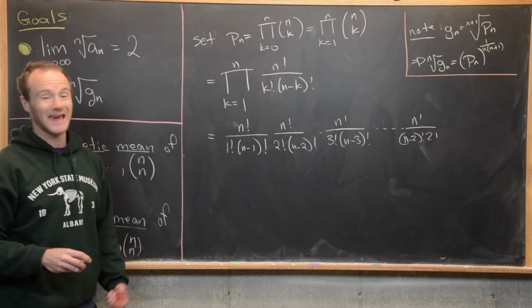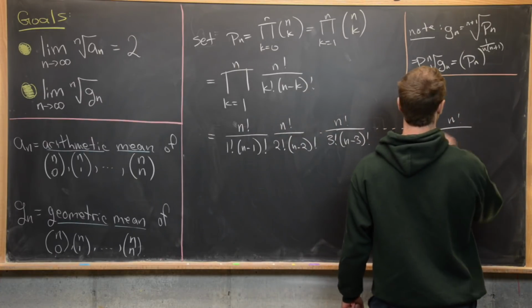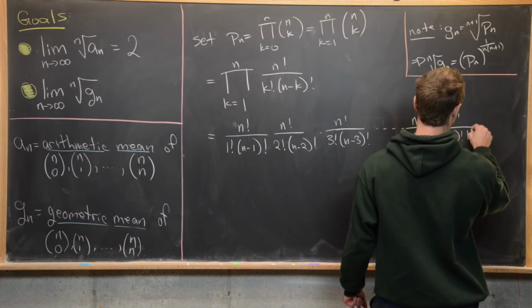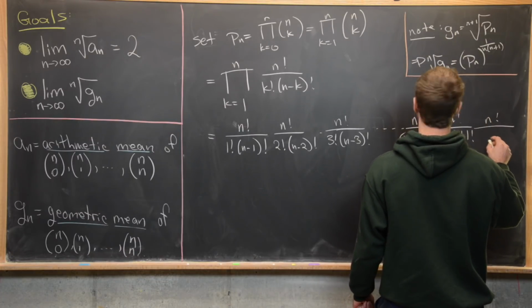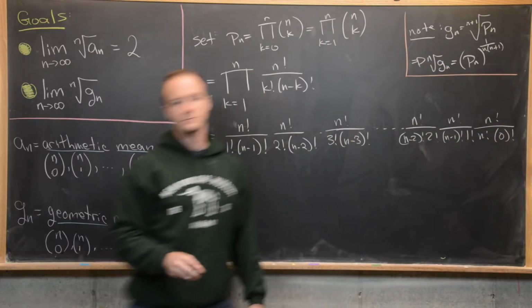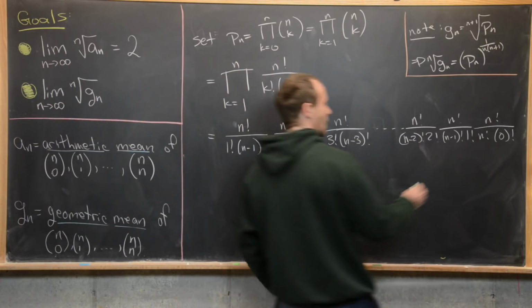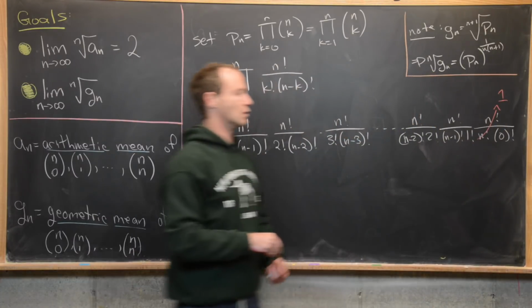So that would be like the k equals n minus 2 part. And then we've got n factorial over n minus 1 factorial times 1 factorial, and then finally n factorial over n factorial times 0 factorial. And then again, we might as well not worry about this one, because this one is also equal to 1.